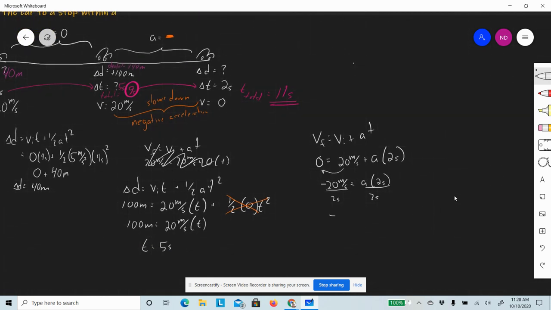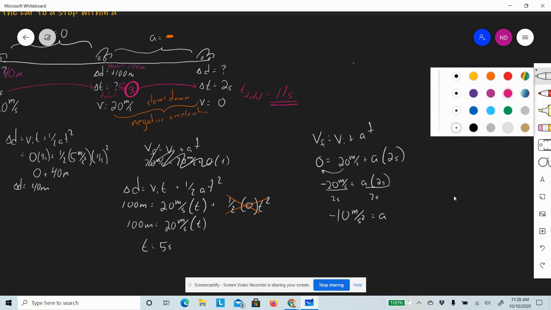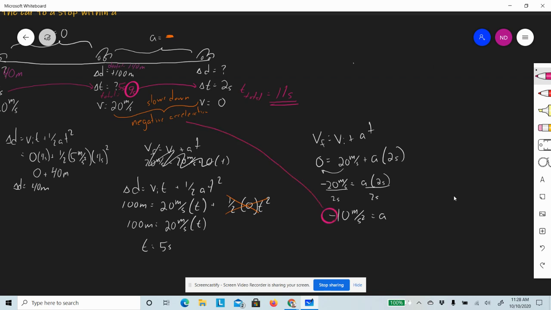We get negative 10 meters per second squared equals A. That makes all the sense in the world, because we knew we were supposed to get a negative value here. It agrees. Awesome. So now we know the acceleration is negative 10 meters per second squared, and we can figure out the distance then.